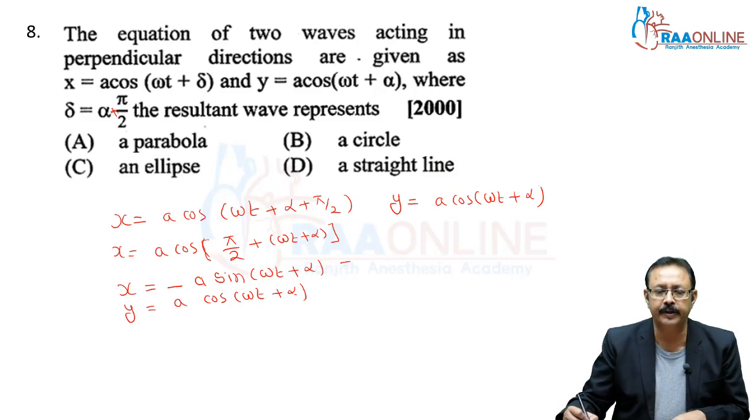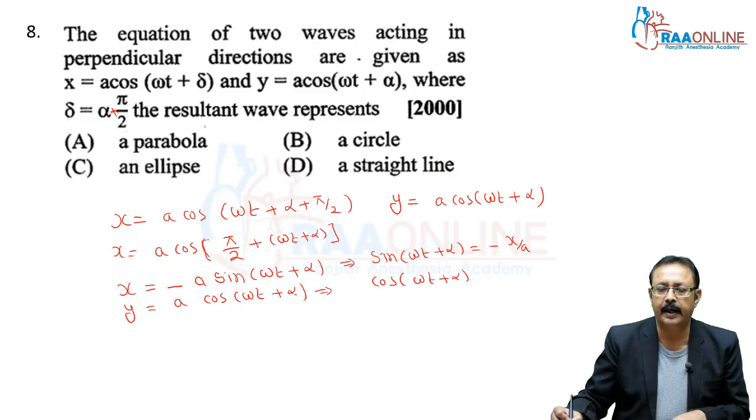So again the same type of problem. From this equation I am getting sin (omega t plus alpha), which is minus x by a. From this equation I am getting cos (omega t plus alpha), which is y by a.